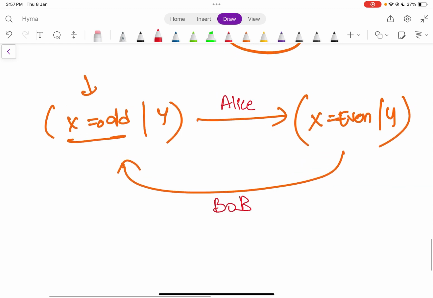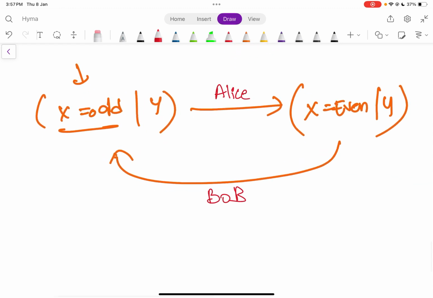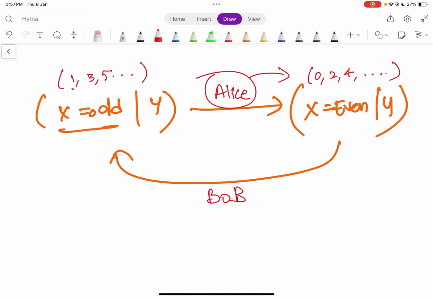So let's list all the possible odd numbers, that are 1, 3, 5 and so on, and the even numbers that are 0, 2, 4 and so on. Whenever the initial condition is odd, only Alice can make it even, and in the future also only Alice can make it 0.